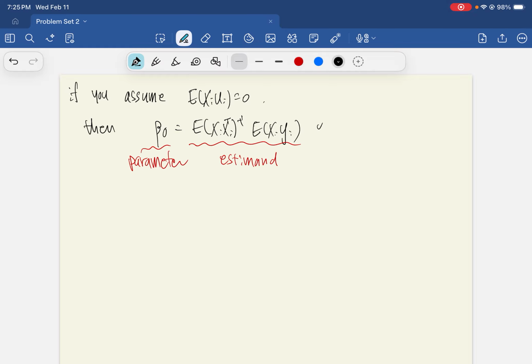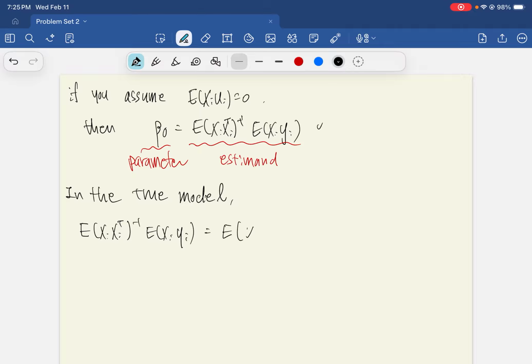Actually, in the true model, the estimand becomes different from the parameter. So let's do that. The estimand can be written as, using the true assumptions, I will use the linearity assumption first, x_i transpose beta 0 plus u_i.